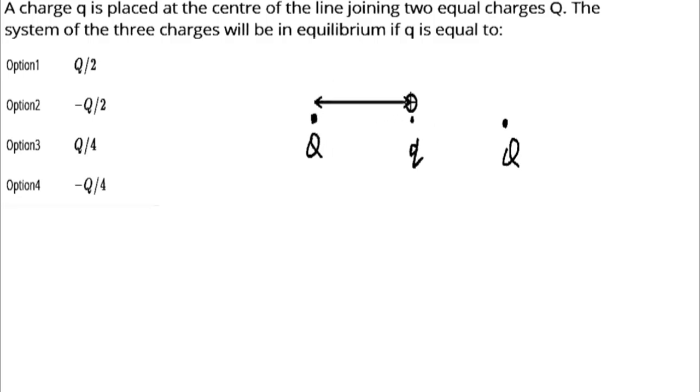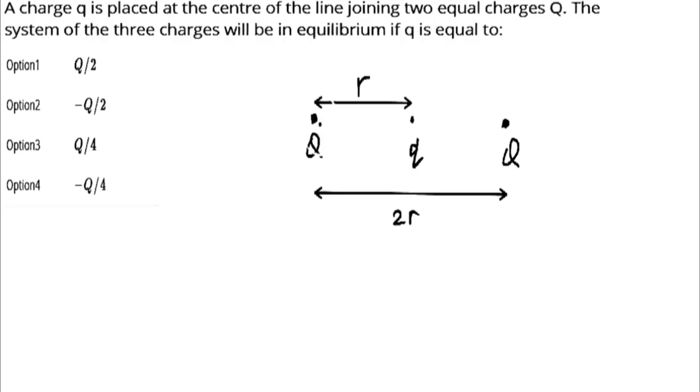Suppose this distance is small r, and this whole distance is 2r. If this capital Q charge is in equilibrium, then the whole system will remain in equilibrium.